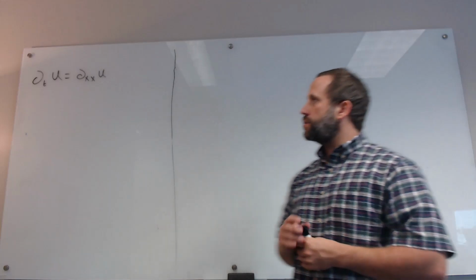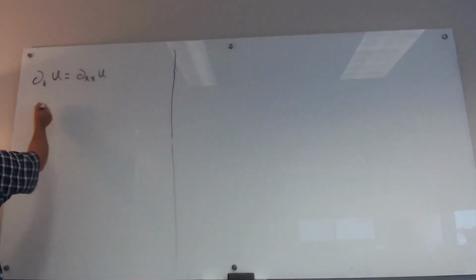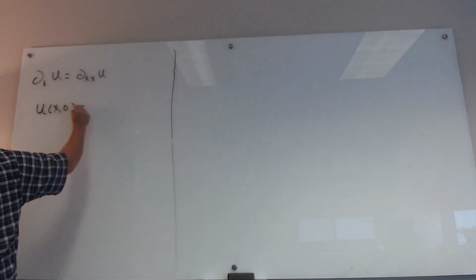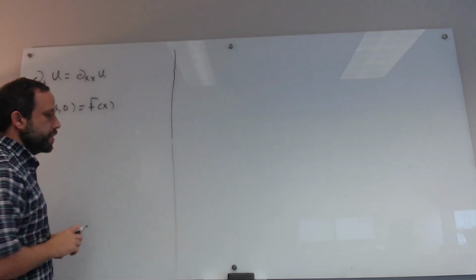Okay, so I now want to look at some properties of solutions to the diffusion equation, and we're going to give it an initial condition here. u(x,0) is equal to f(x).